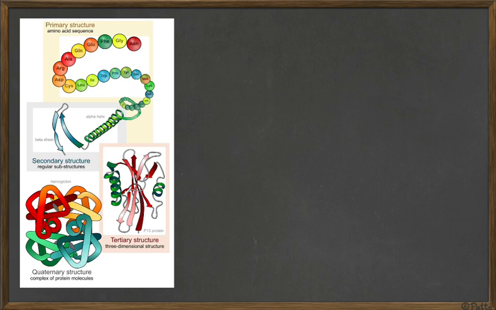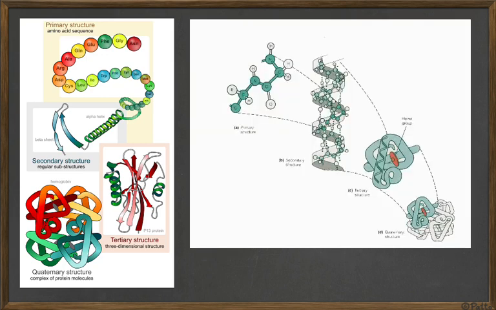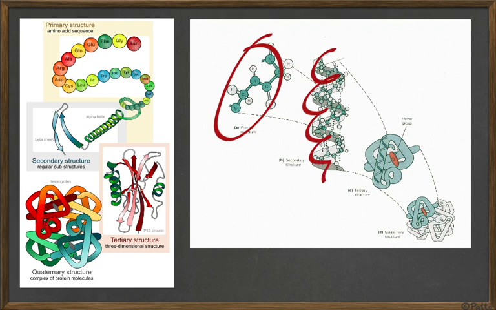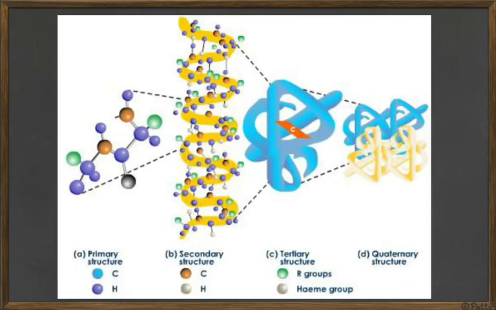So here is the idea. When you put the subunits together, 4 subunits over there, you end up with quaternary structure. So primary structure, secondary structure, tertiary structure, and then quaternary structure. I think this is quite straightforward, and I hope you're not going to have trouble with that.